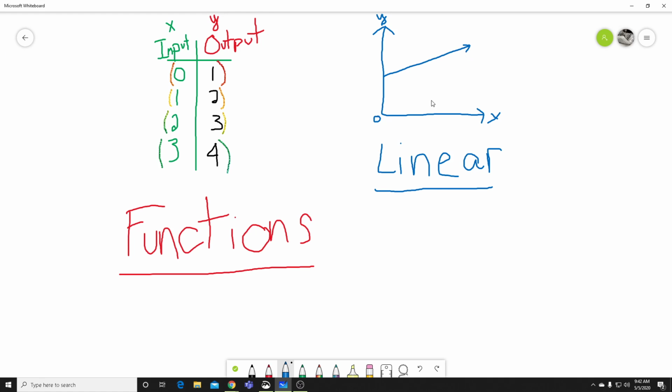So that's linear. If you had one on the whole coordinate plane, because really that's how these lines work more often than not, you've got to think about the whole coordinate plane. Well, you could have a line like this.